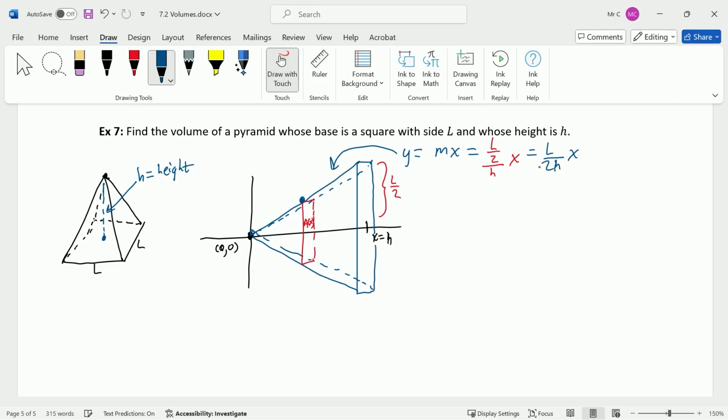So that's the slope times x, right? And now what I need is an area function based around that. Here's the key. That is half of the height, so that's half the length of the square side.